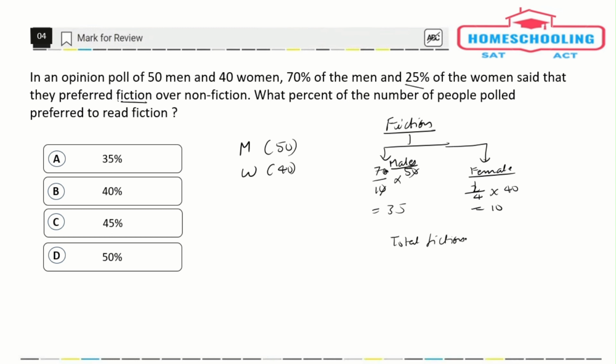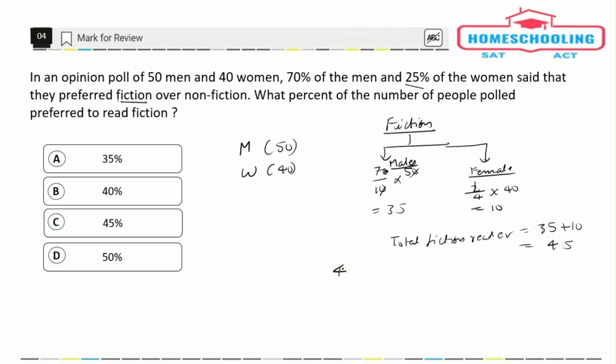So total fiction readers are how much? 35 men plus 10 women, that would be 45. We have to find what percentage of the people polled prefer to read fiction.